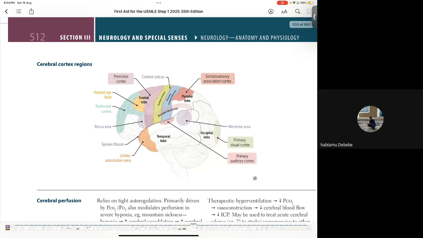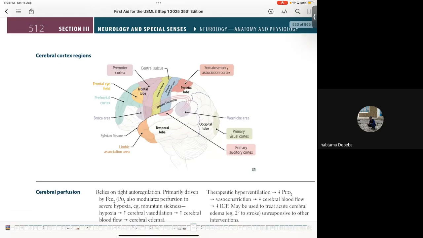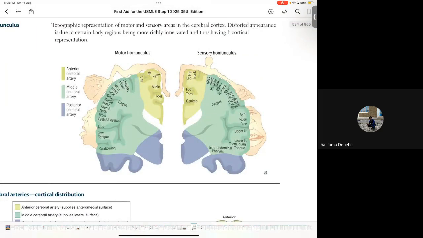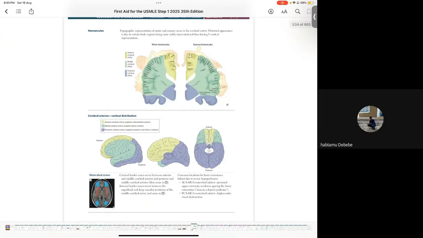Frontal eye field, you guys know the details, and we have the somatosensory cortex, right? We have the Sylvian fissure and temporal lobe, which we'll be discussing in our next module. This is the human homunculus which I was just talking about. It's basically an imaginary picture going from the medial portion of your cerebrum, going just like that, and it shows the activity of different parts of your brain.